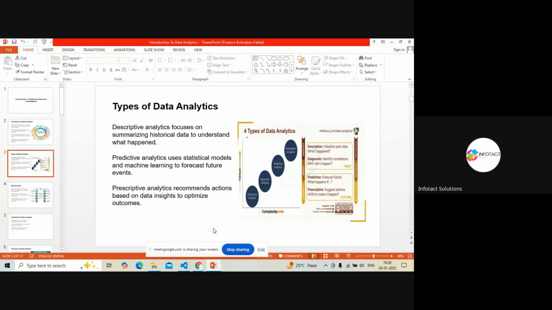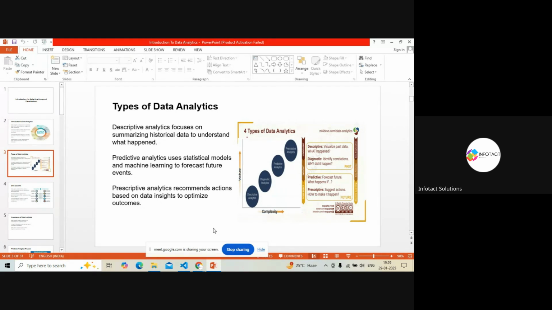now it comes to our topic, prescriptive analytics. Prescriptive analytics provides recommendations for the best course of action based on predictive insights, and it uses optimization algorithms and AI to suggest decision-making strategies. The key techniques are optimization algorithms, simulation modeling, and AI-driven recommendation systems.